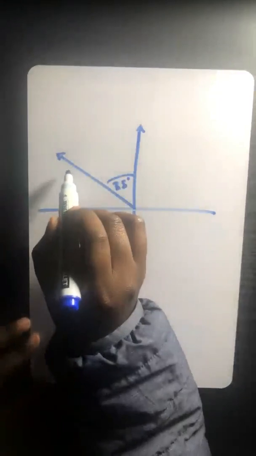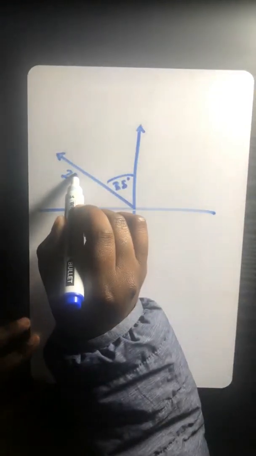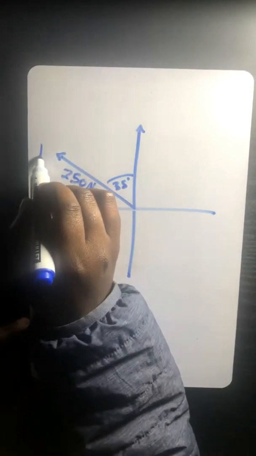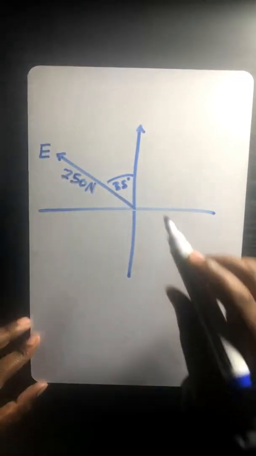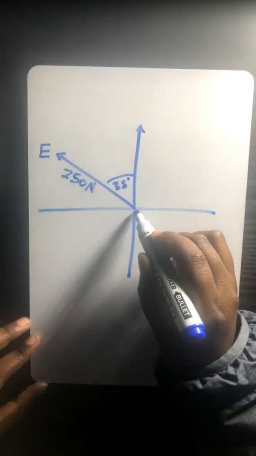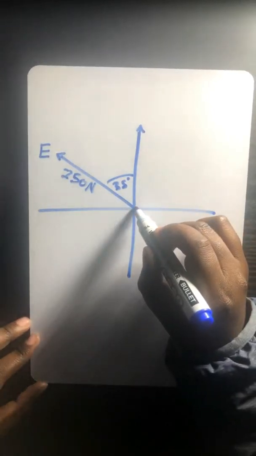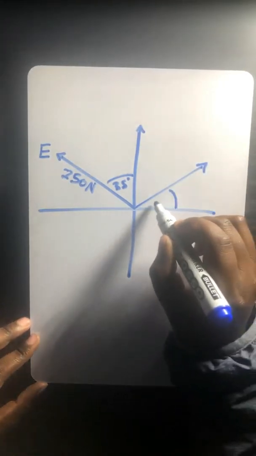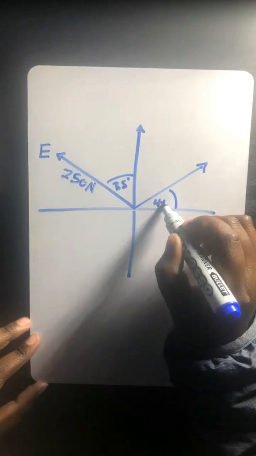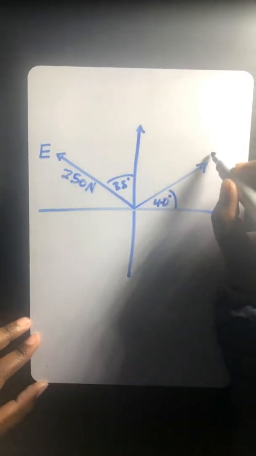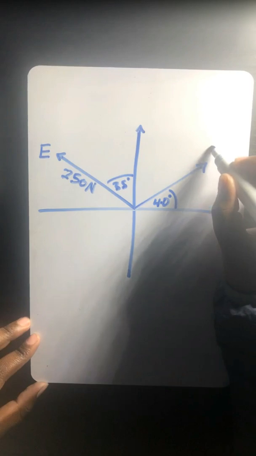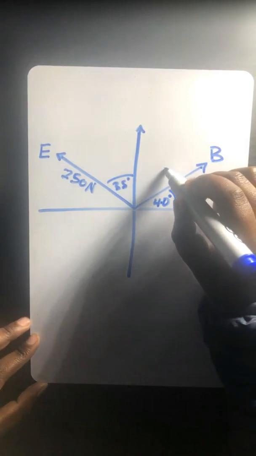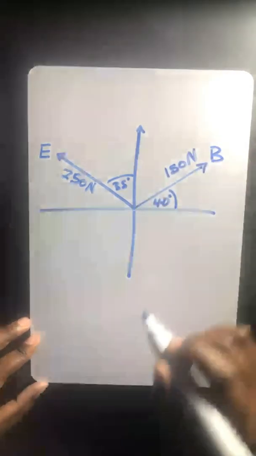Let's say it's 250 Newton, and this is E. Then let's have another one in that direction with an angle of 40 degrees, and this is B, and the force there is 150 Newton.